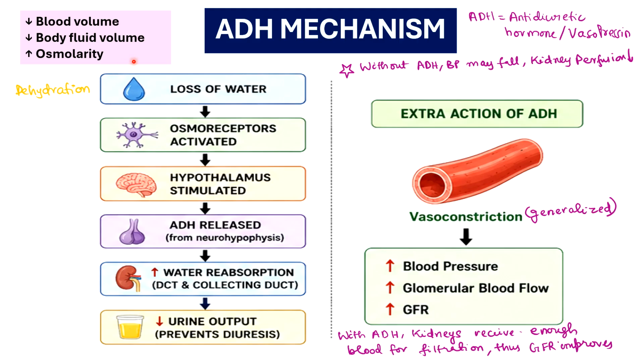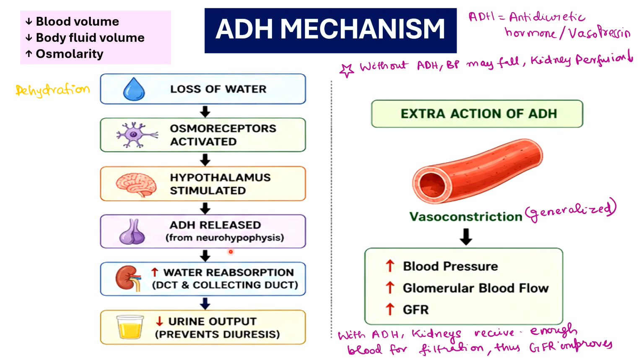All these three factors will stimulate the osmoreceptors. Where are these osmoreceptors present? They are present in the hypothalamus, and they lead to the release of the hormone Antidiuretic Hormone or ADH.